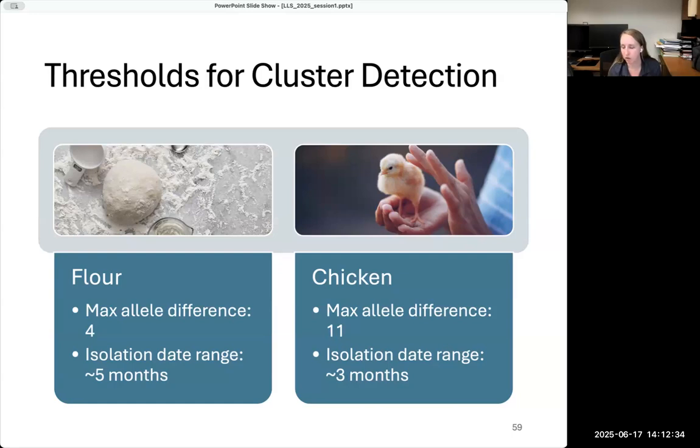They use a smaller threshold, and for other serovars, they might use a larger threshold. We don't have a perfect system figured out exactly for what it should be, and we have guidelines for Salmonella just in general, but ideally in the future we would have different thresholds for different serovars or different circumstances. And I think that would be something interesting to discuss now if anyone wants to talk about what different thresholds you use.